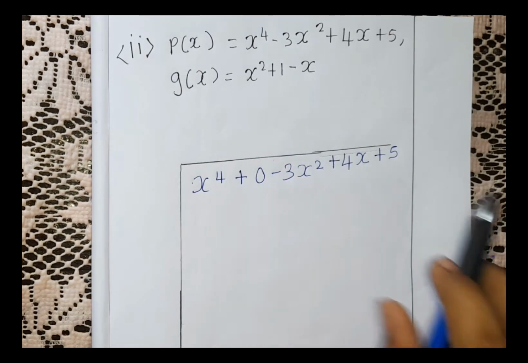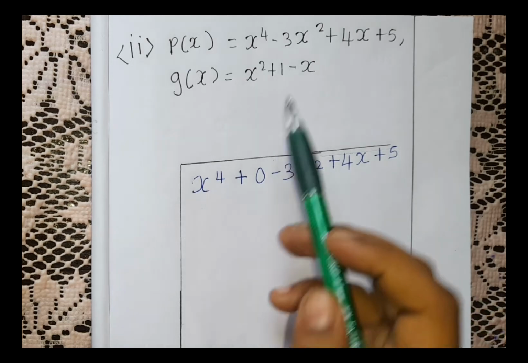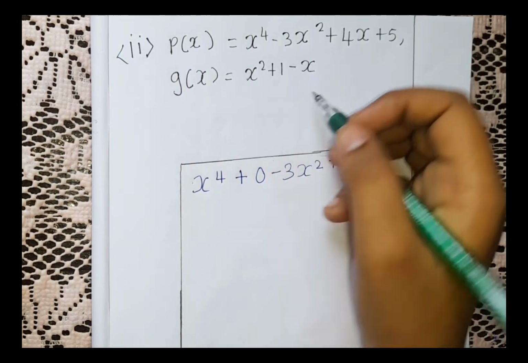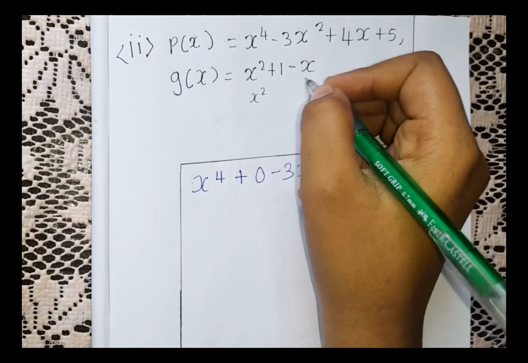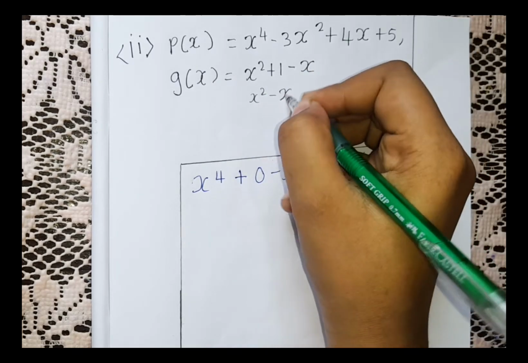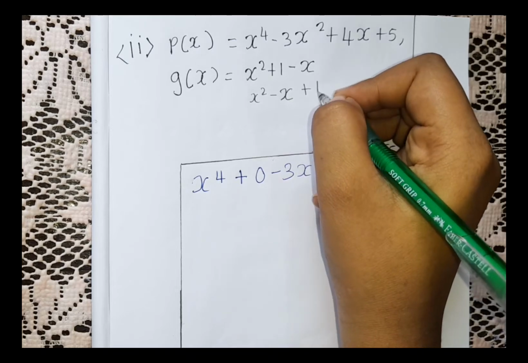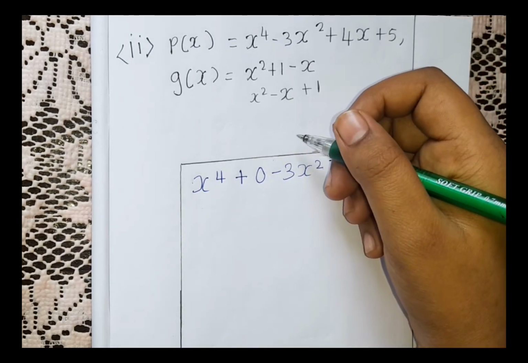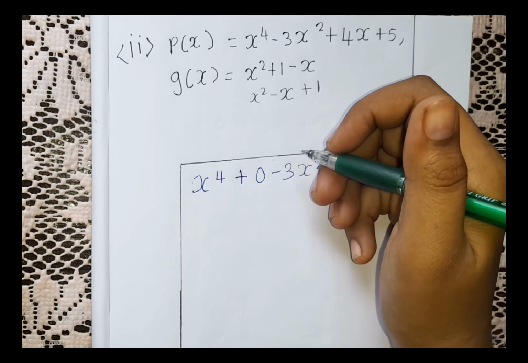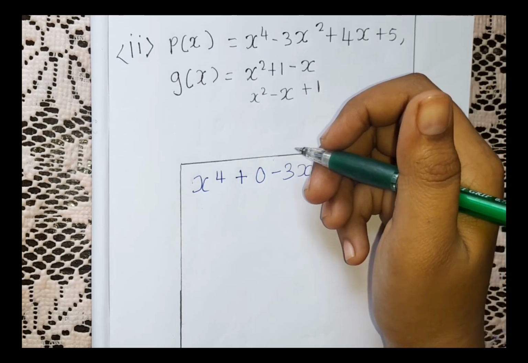Here you can notice that it is in mixed form. First we are supposed to write x square, then minus x, and at last the constant term. Why? Because this is the rule. So please make sure that you read the question very well, because most people commit mistakes in this.